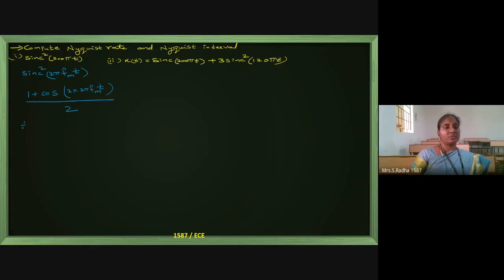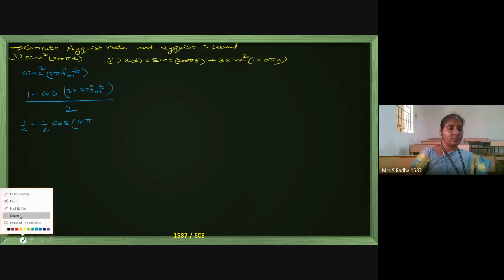So the first term is 1 by 2, the second term is 1 by 2 cos 4 pi, and just what I will do, just 1 minute, I should write in a fashion so that you will also understand.